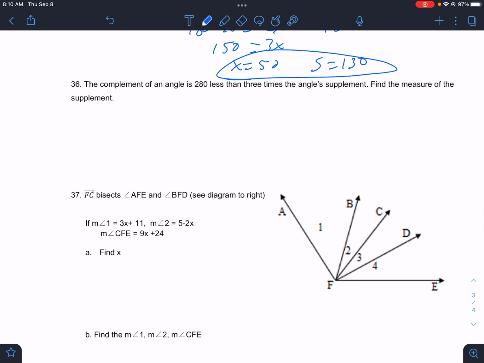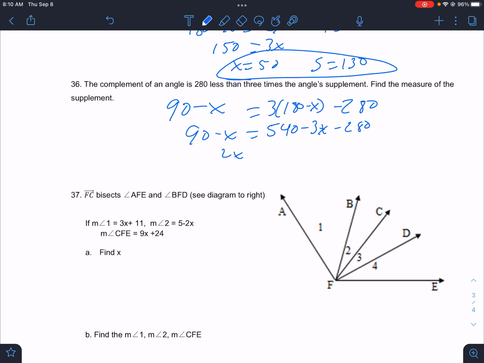The complement of an angle is 200, so that'd be 90 minus x is 280 less than 3 times the supplement. 3 times the supplement would be 540 minus 3x minus 280 equals 90 minus x.